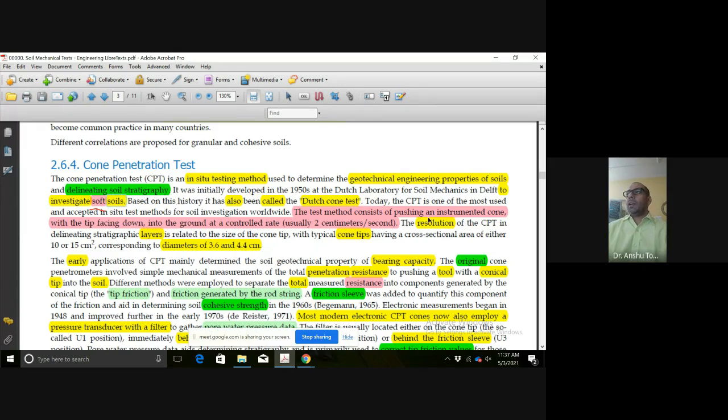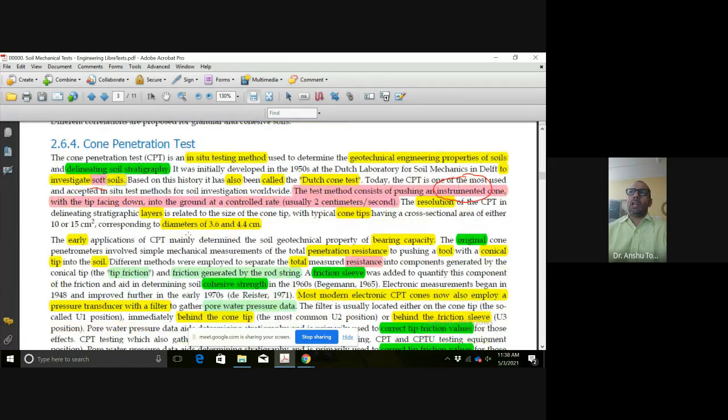The test method consists of pushing an instrumented cone. Here we have used the words instrumented cone. That means there are some attachments to this cone, which is one of the differences from the SPT test. The cone is pushed with the tip facing down into the ground at a controlled rate of 2 centimeters per second.